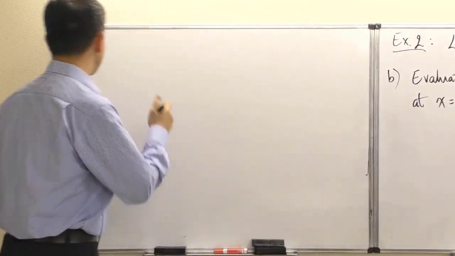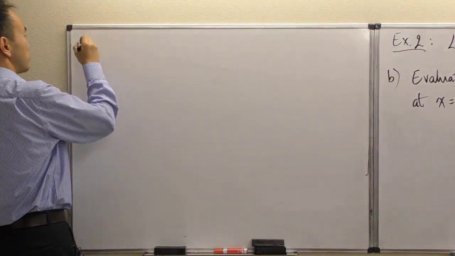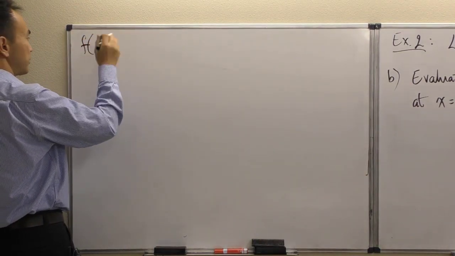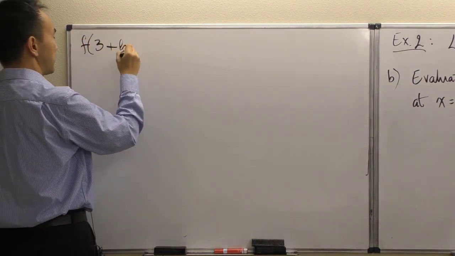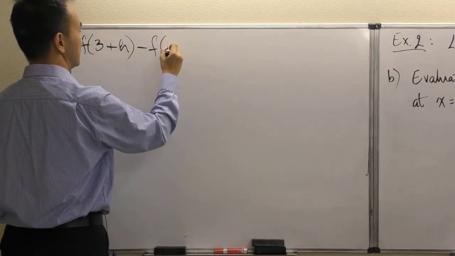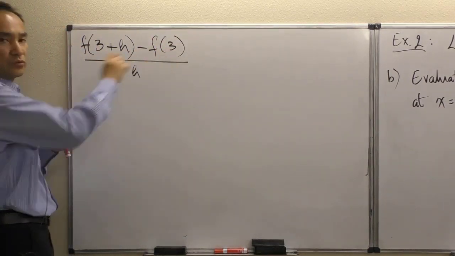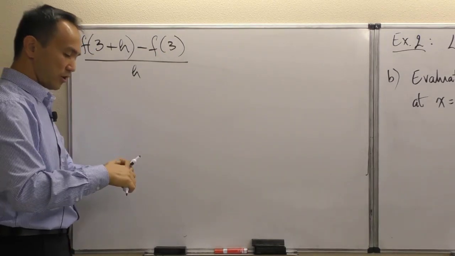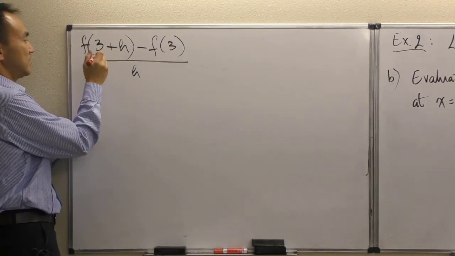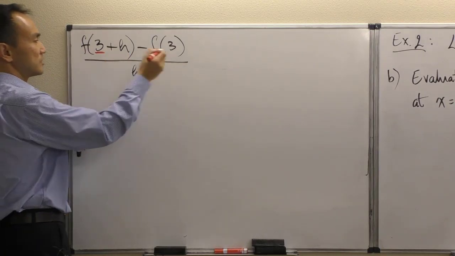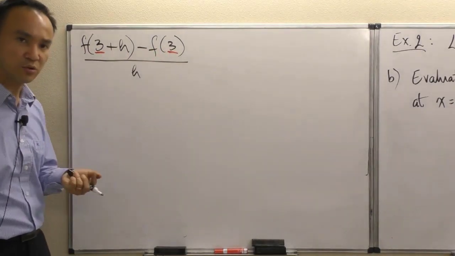All right, so this is what we set up: the difference quotient of the function f at x equals 3. I wrote it all in black ink, but I still want to remind you that this was the given value x equals 3.